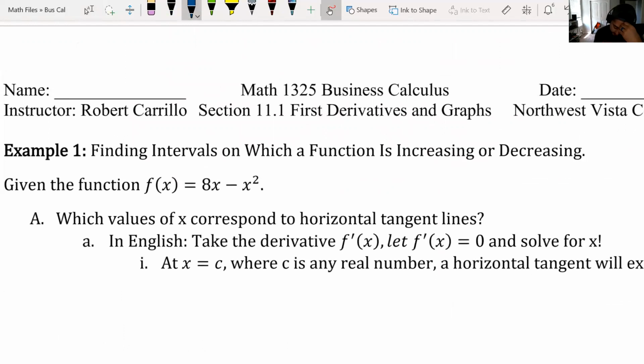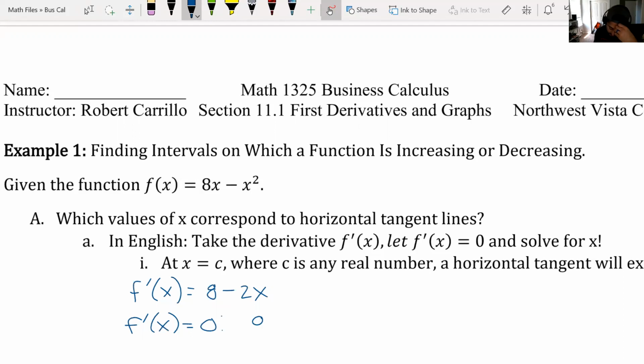Okay, so the first step is take the derivative. We get 8 minus 2x. There's the derivative. The next step is get the derivative and set it equal to 0, because the slope of a horizontal tangent line is 0.